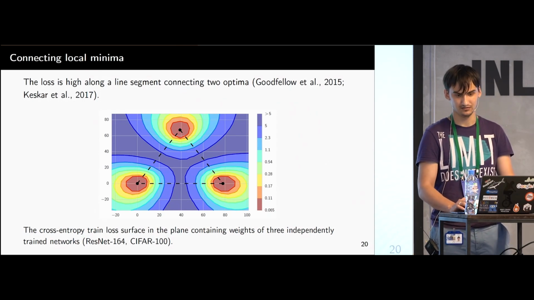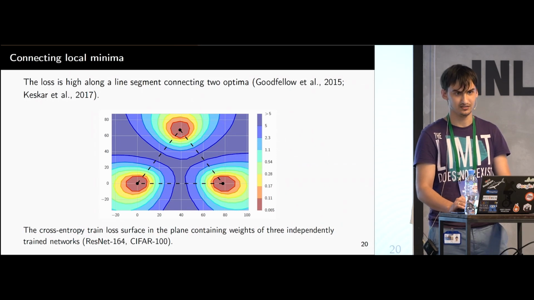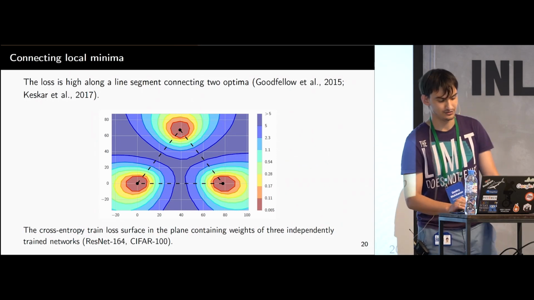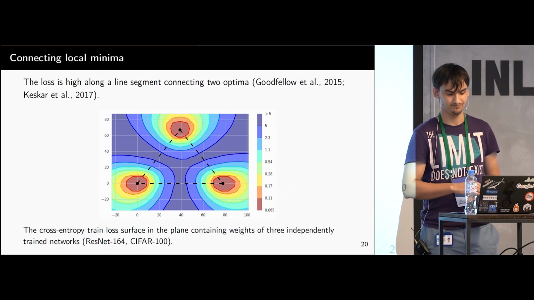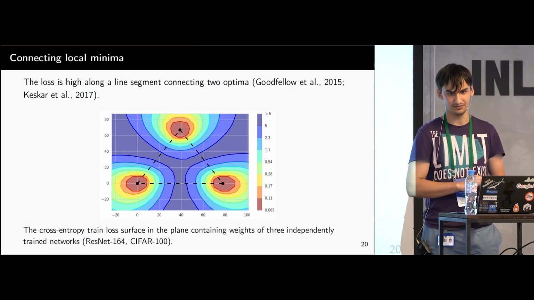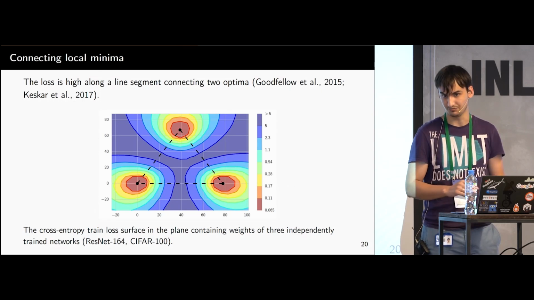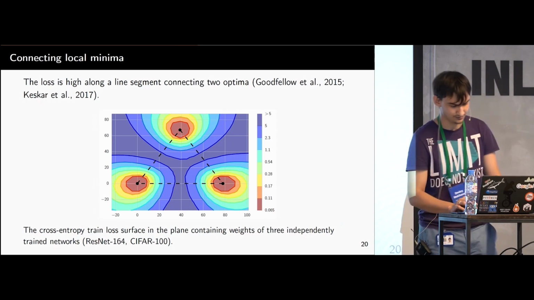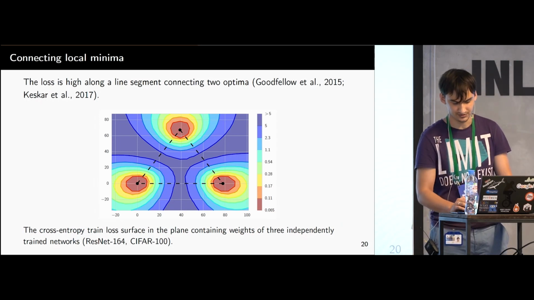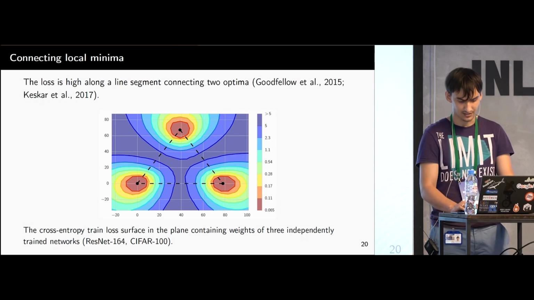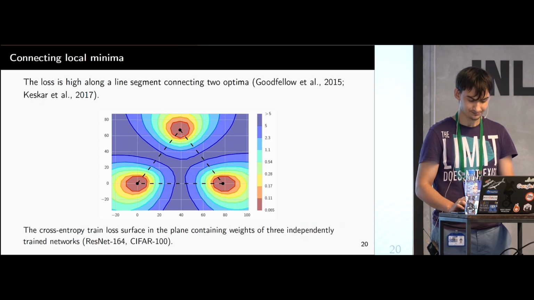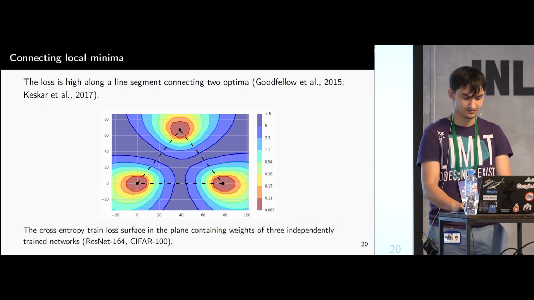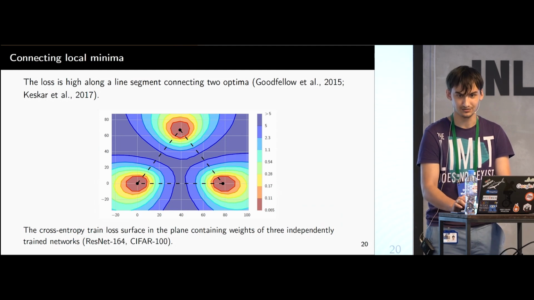Indeed, if you take 3 random optima and cut the loss surface with a plane that goes through these 3 points, you would obtain something like this. This is a real picture for ResNet 164 and CIFAR-100, and you can see these 3 smooth Gaussian-like local optima. However, it turns out that this is not the correct intuition.